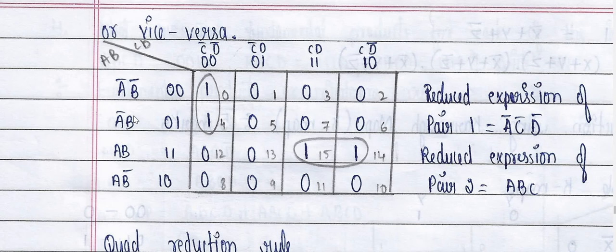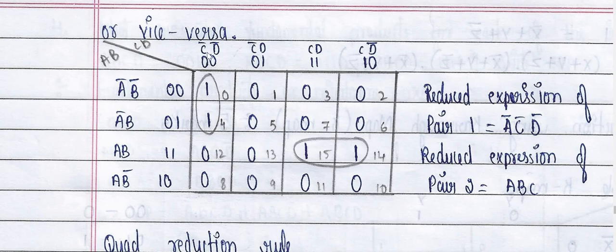Here, which variable is changing? In the first pair, B bar is changing to B. So we can remove the variable B. Then on the left side, the remaining thing is A bar. Then consider the top side of the first pair, that is C bar D bar.